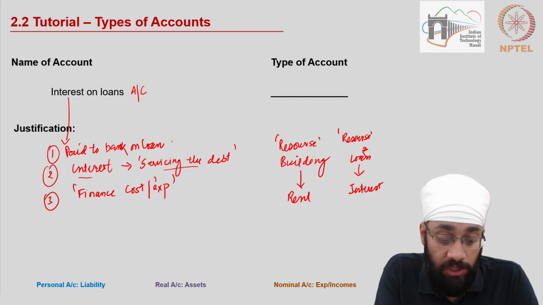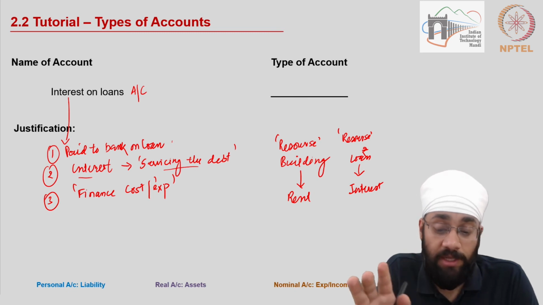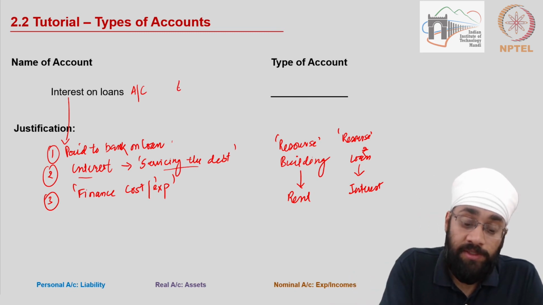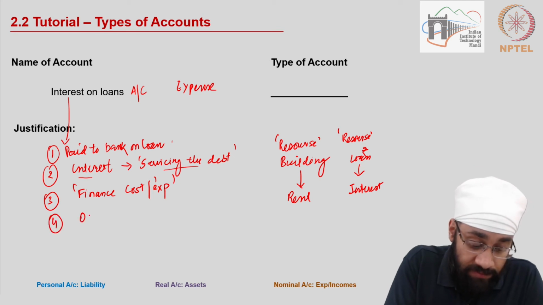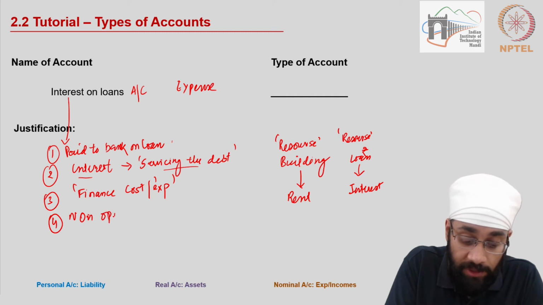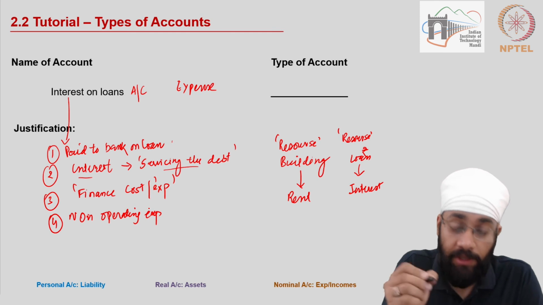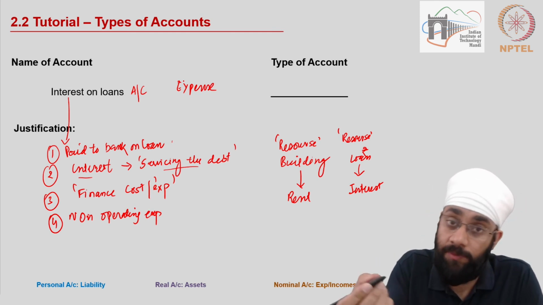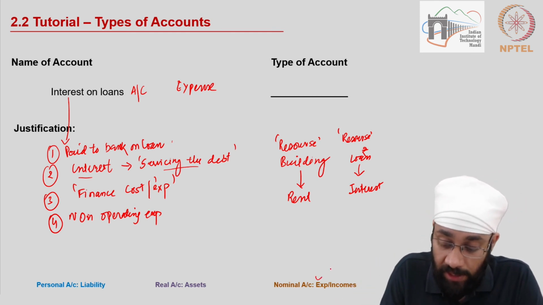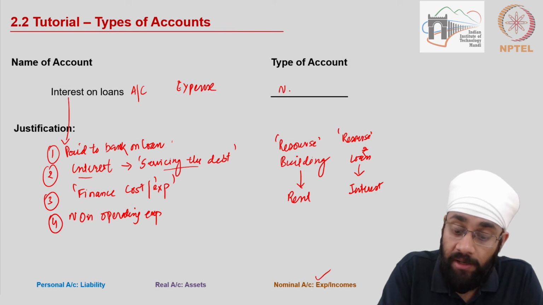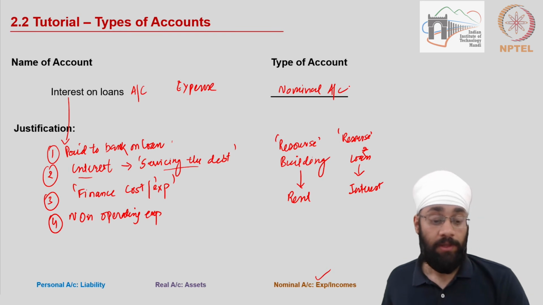This includes all the interest expenses that are to be paid on the loans that the company has taken. Since this is an expense, and also we have discussed that this is a non-operating expense, not an operating expense. However, it is an expense, it does not matter what kind of expense, and all expenses are nominal accounts.